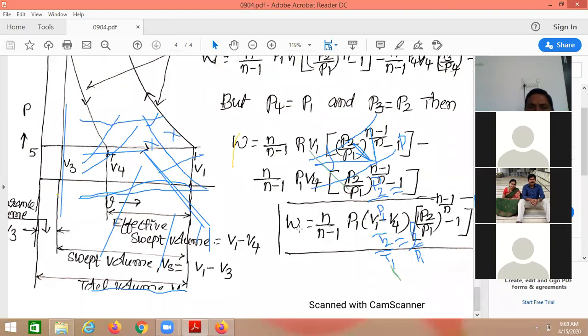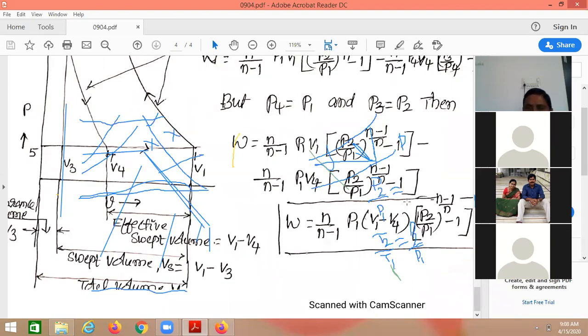So then what is the compression work here, with the inclusion of clearance? Here and here, the common factor is n by n minus 1. P1 is common and V1 minus V4 is taken, and this coefficient is common, P2 by P1 whole power n minus 1 by n, minus 1. So earlier there was no subtraction of this volume.